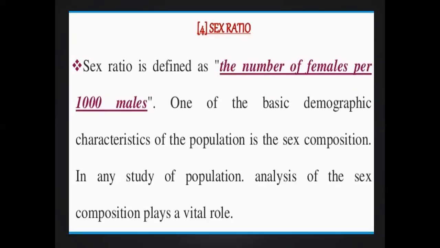Cadets, sex ratio is defined as the number of females per 1,000 males. One of the basic demographic characteristics of the population is the sex composition. In any study of population, analysis of the sex composition plays a vital role.